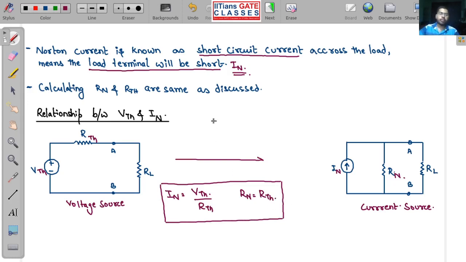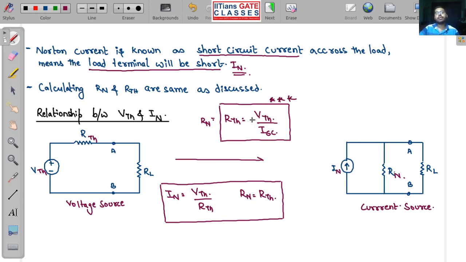One more important thing I want to tell you: Rth is equal to Vth by Isc. Okay, Vth by Isc is your Thevenin resistance, or I can say it is equal to your Norton resistance as well. So this is one important conclusion. As this is a quick revision series, I am not proving this result.